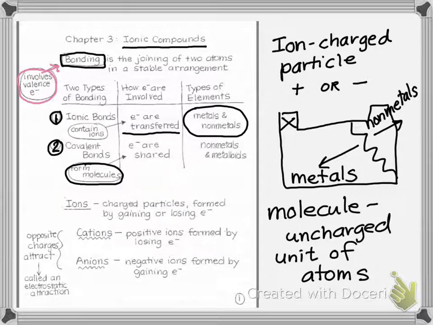And how that happens, if you look here on the second place, is that the electrons are shared. So both of these involve valence electrons, like I mentioned up here. But in ionic bonds, the electrons are transferred to create ions, and in covalent bonds, they're shared to create molecules.